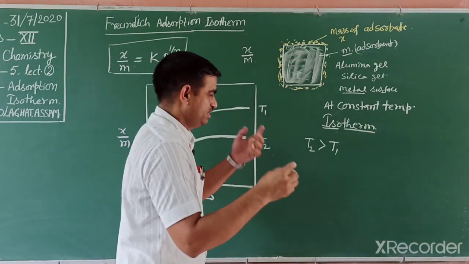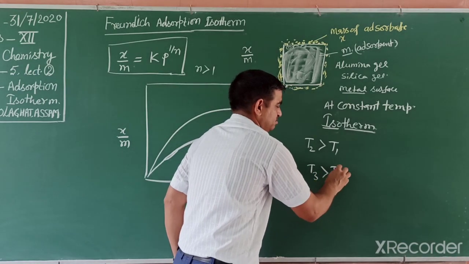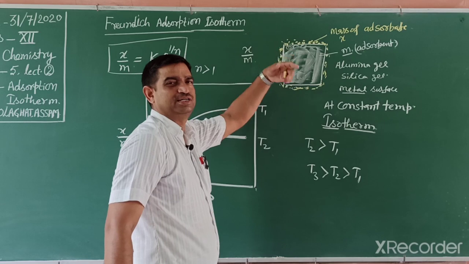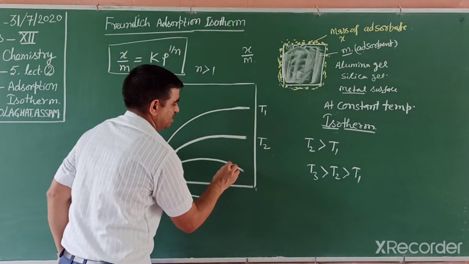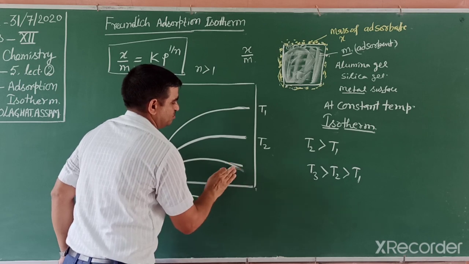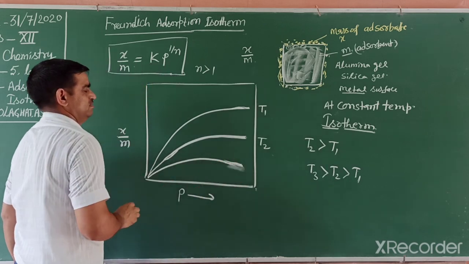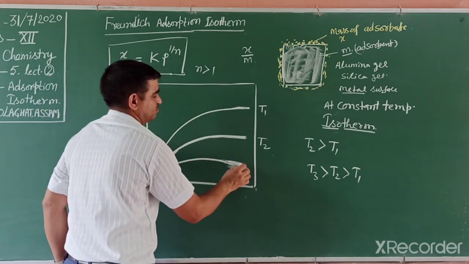If you increase further, that is T3, T3 is more than T2 and then T1. Then more gas is removed. So the extent of adsorption is like this. These are the extent of adsorption curves; first it increases, and after that it remains at a constant value.